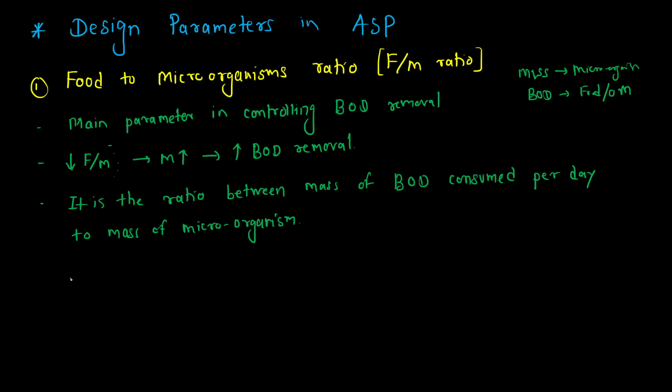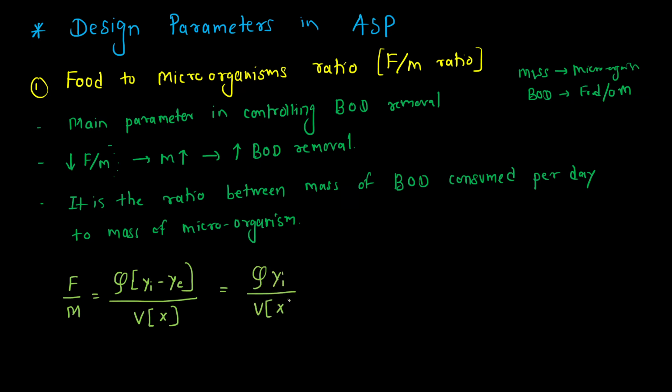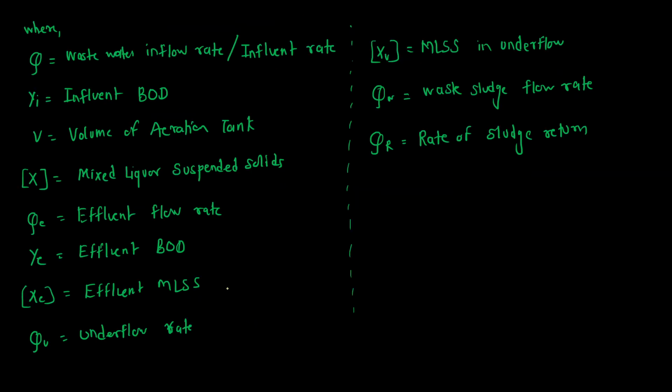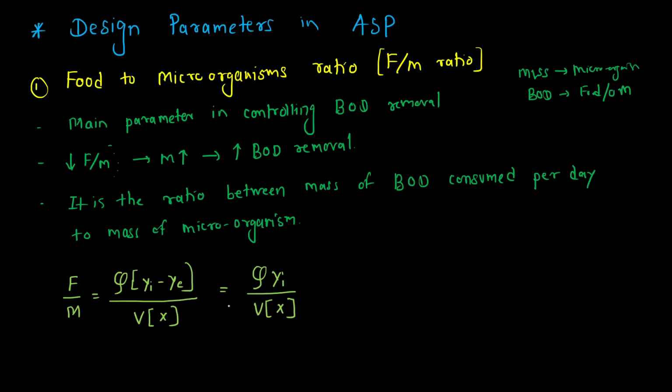Okay, so F by M is equal to, write down this formula, Q into (Yi minus Ye) divided by V into X. If Ye is not given in the question, then you can directly take Q into Yi divided by V into X. What is Q, Yi, V and X? Everything is given in this slide. You just refer from there. So this is the formula for F by M ratio and this is the use.